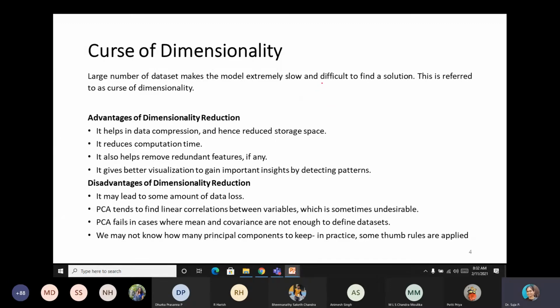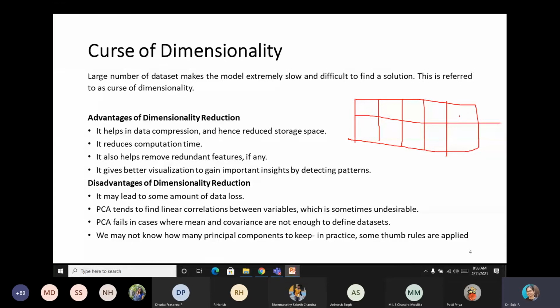So what is the curse of dimensionality? Suppose my features are represented in a table like this: feature 1, say length; feature 2, width; then weight, color, texture. Likewise, I have so many features, and then I will have so many records in the data set.